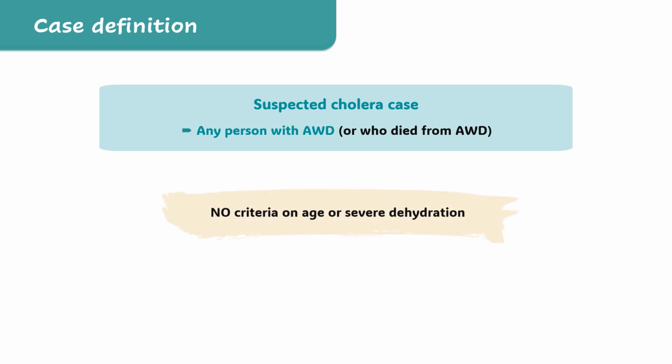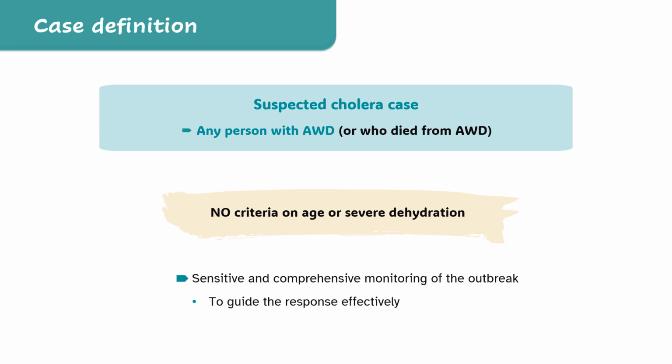There are no additional criteria on age or severe dehydration to identify suspected cholera cases. This is because when there is a cholera outbreak in a surveillance unit, it is likely that a person with AWD has cholera. This allows a sensitive and comprehensive monitoring of the outbreak to guide response measures effectively.